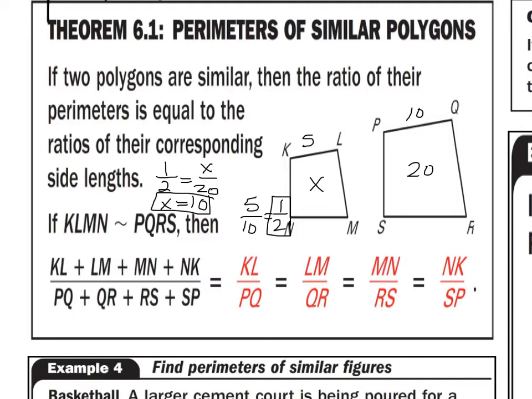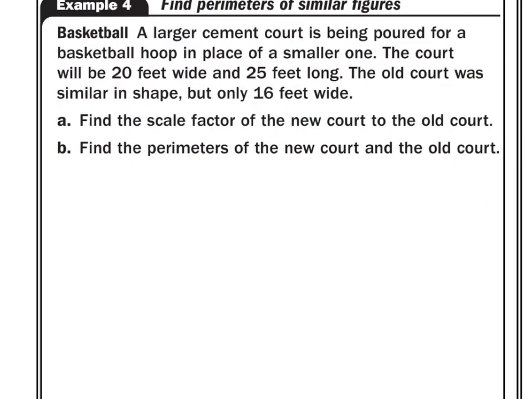So the ratio of the perimeters would be 10 over 20, which is still also 1/2. So the ratio of the perimeters is going to be the same as the scale factor if your two shapes are similar.